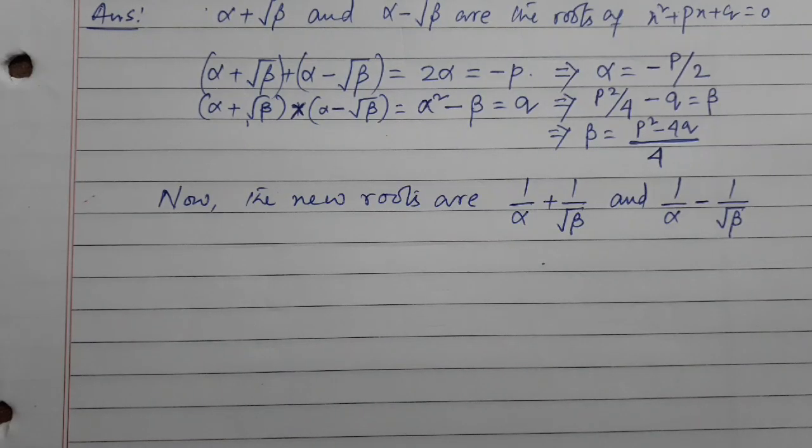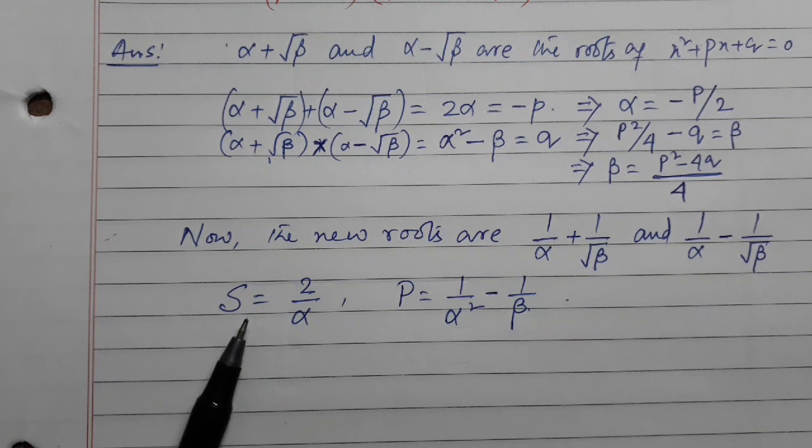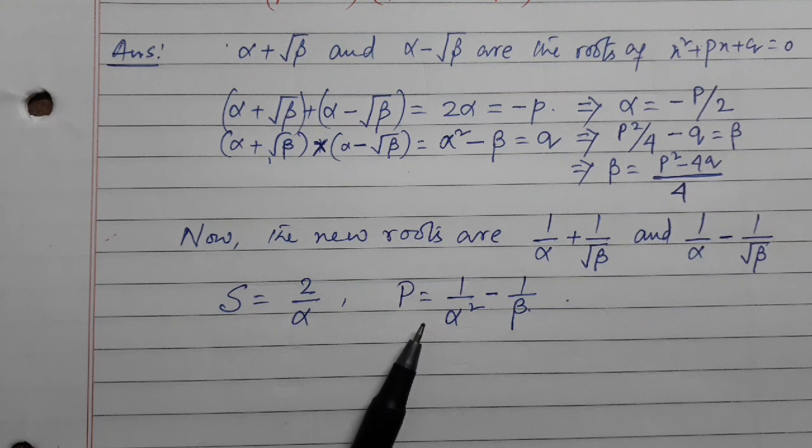Now we know that the new roots are 1 by alpha plus 1 by root beta and 1 by alpha minus 1 by root beta. Now let us find out the sum of these roots and the product of these roots. So definitely if we add these two roots, we get the sum of the roots as 2 by alpha, and if we multiply these two roots, we get the product of the roots as 1 by alpha square minus 1 by beta.